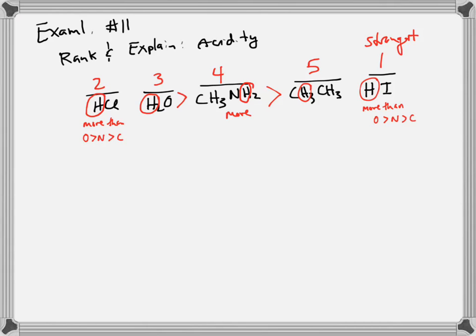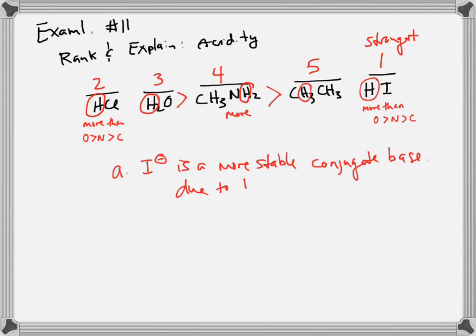Okay? So I guess I could write that down. Iodide is a more stable conjugate base due to bigger size.